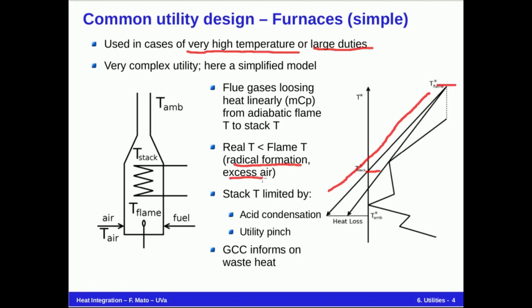As the slope is greater or the change in level of temperature is greater, then you profit better of the heat in the flue gases, and you need less fuel to produce it. This is limited by the process pinch, the utility pinch, if flue gases touch the grand composite curve of the process, or acid condensation, the phenomenon of acid stack.